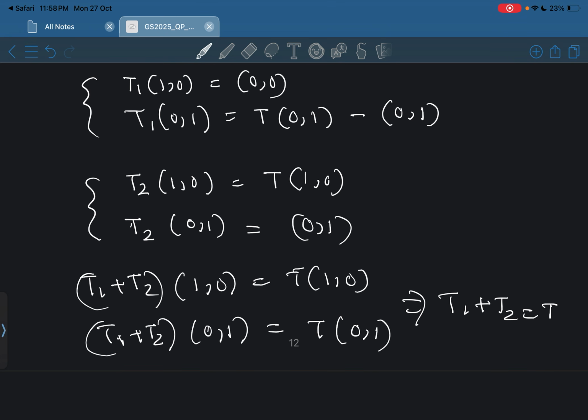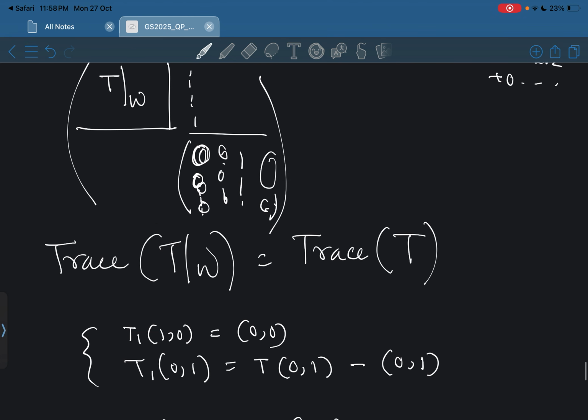That's why you can always write T as the sum T1 plus T2. But I want to consider this a moderate to hard problem, in the sense that you may not be able to think of it directly because it seems non-trivial to some of you, but it's not hard to do.